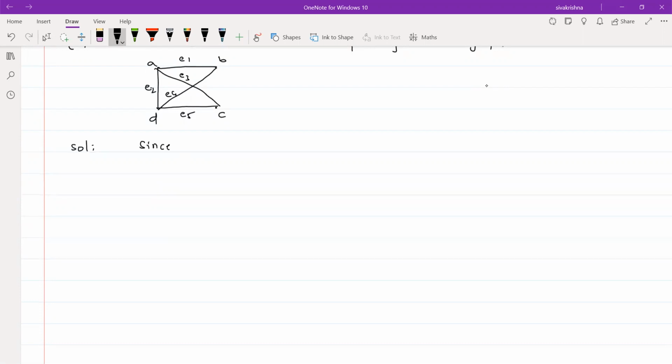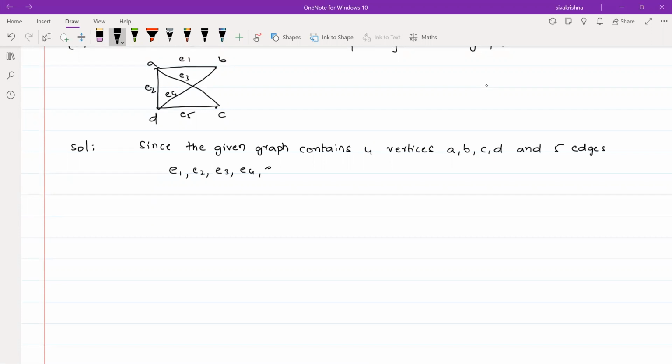Since the given graph contains 4 vertices, here the vertices are A, B, C, D, and 5 edges E1, E2, E3, E4, E5, which are labeled.